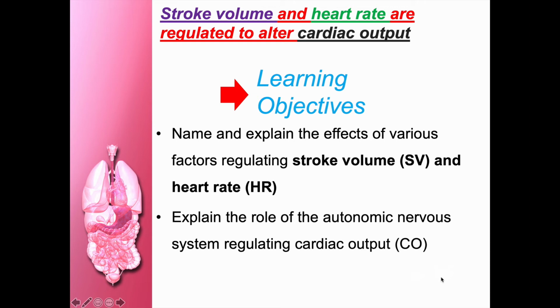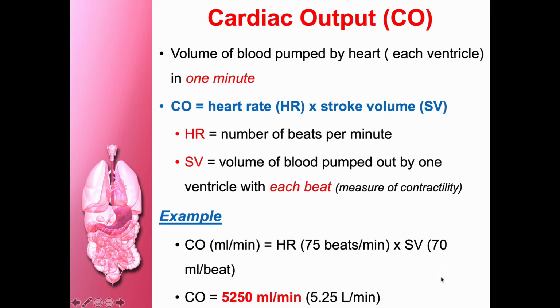And also the heart rate, the speed of the beat, that is the pulse that you measure in the blood vessels. We will also understand the autonomic nervous system involvement, that is, how the nervous system is controlling the speed of the heart.